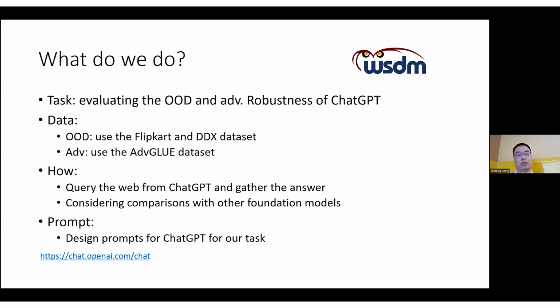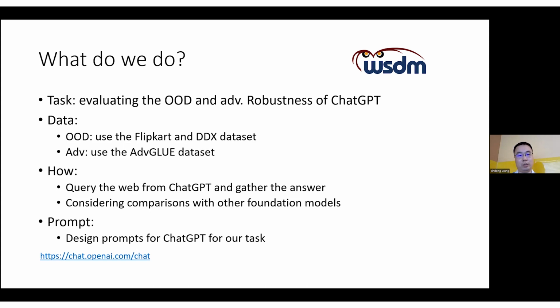As we can see, the source data that ChatGPT has used includes a lot of public and some non-public datasets from the internet as of 2021. So it's very hard to find an OOD dataset for it. We tried our best to find some new ones, meaning ones that were released after 2021.